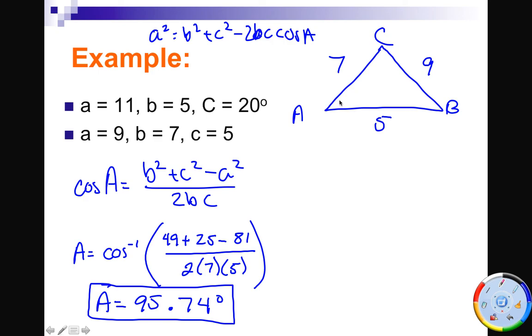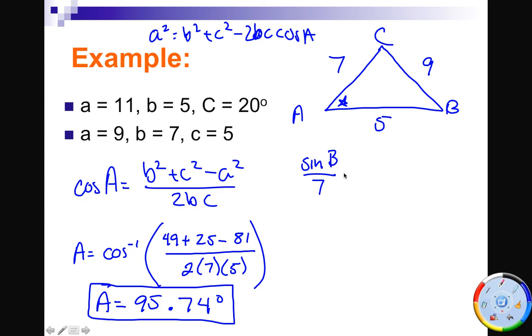And now that I know this angle, I can use the law of sines because I now have angle side side. That's what I have here. So let's go sine of b over 7. I don't have to find the smaller angle now because A is my only obtuse angle that's allowed in my triangle, so it doesn't matter which one you do now.